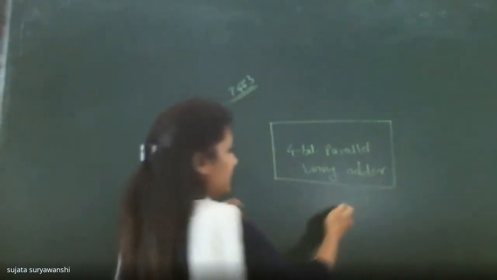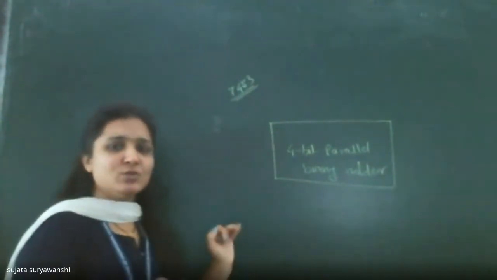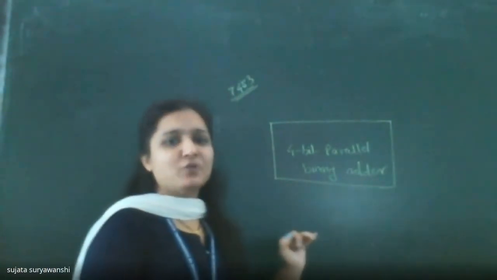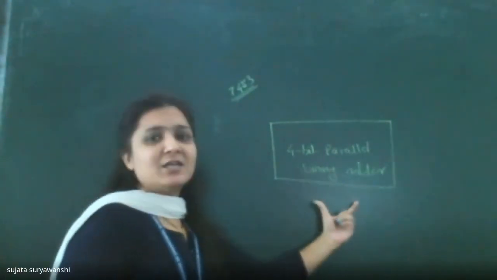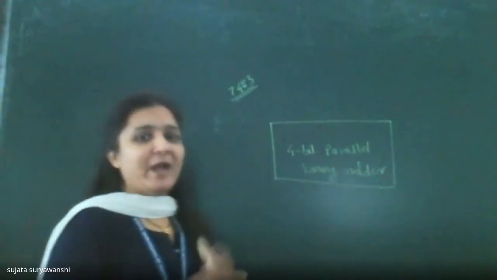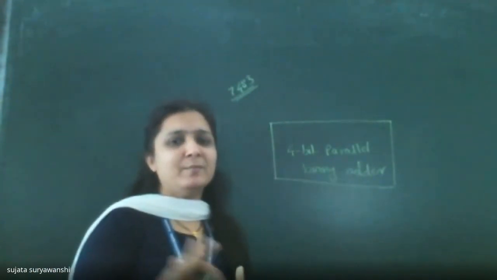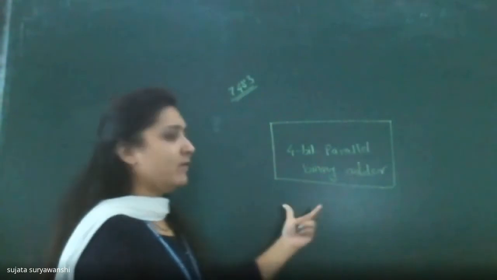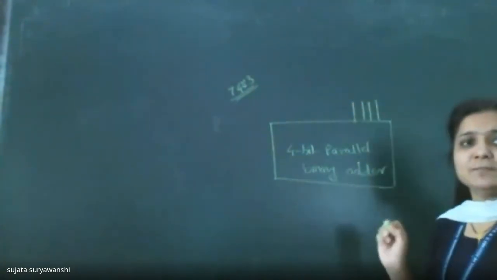This particular circuit is one type of combinational circuit. It can perform addition of 4-bit binary numbers. Suppose initially you have two 4-bit binary numbers.